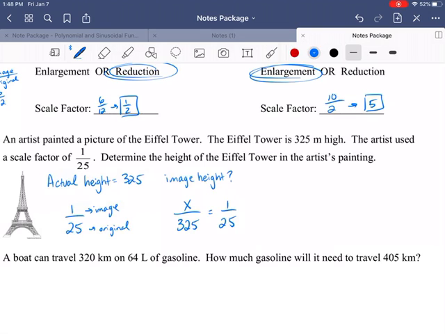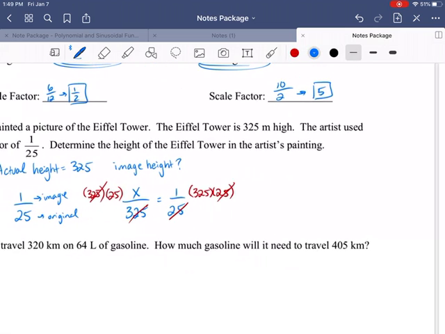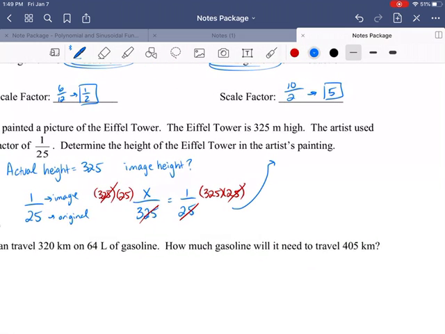1/25. And if you recall how you solve these, you can multiply each side by the unique denominators and see what will simplify. And in this case, on the right side, the 25 simplifies, and on the left side, the 325 simplifies. So I'm just going to bring this up here, a little bit more room.